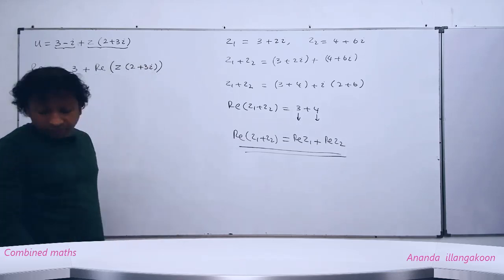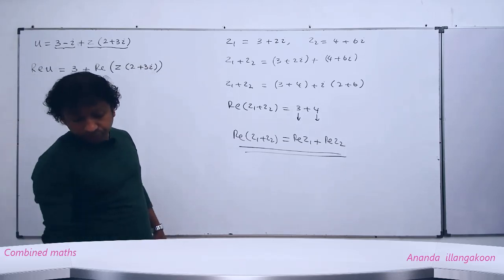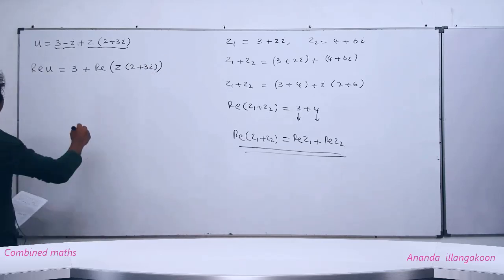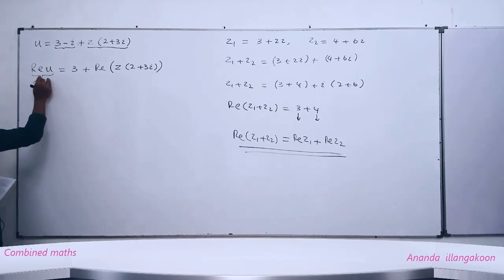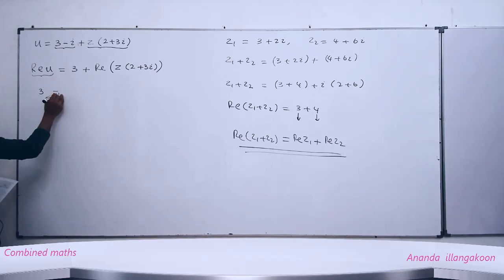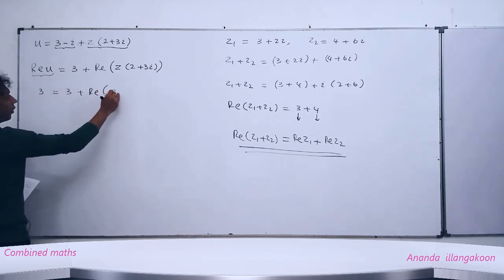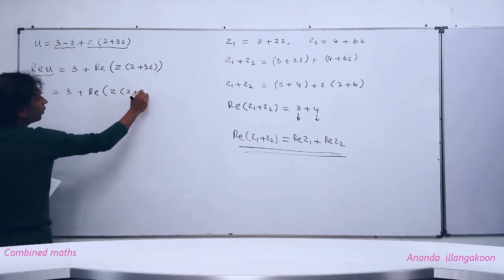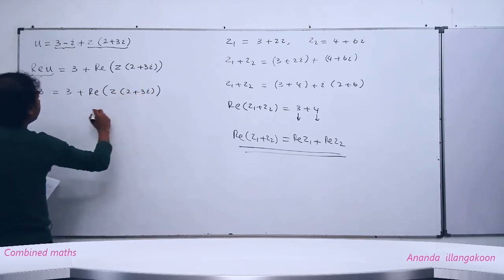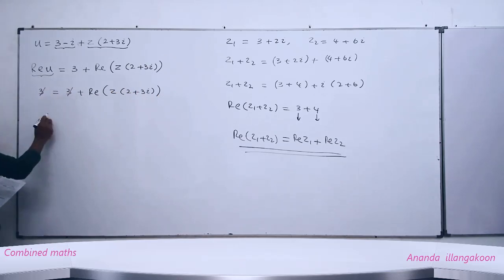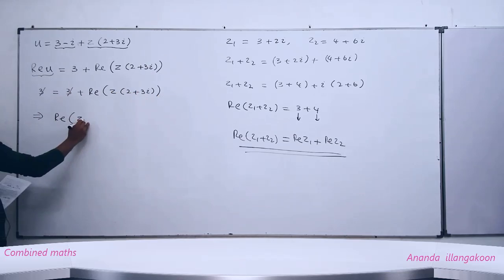But people, given that the real part of U is 3, this is given to be 3. Then I can put that 3 here. Just see, this and this you can cancel down. This gives us, people, the real part of this complex number.